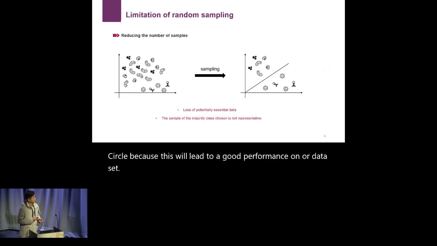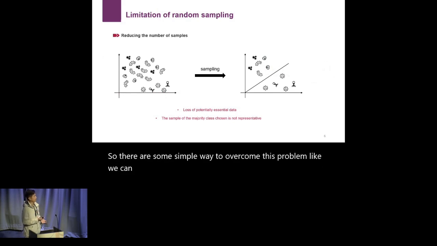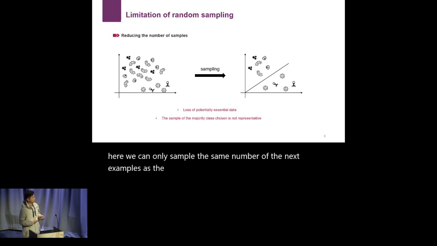So there are some simple ways to overcome this problem. Like we can randomly sample some negative data. For example, here we can sample the same number of negative samples as the positive ones, as the number of giant viruses, and then we can draw a decision boundary.